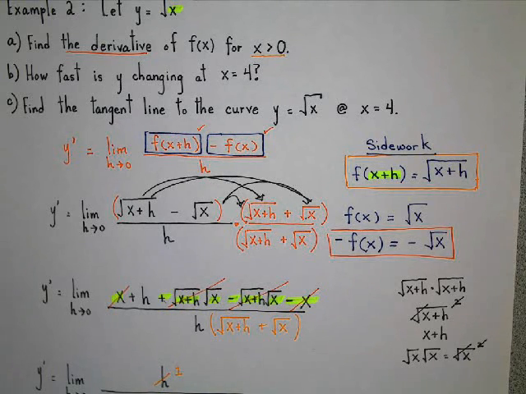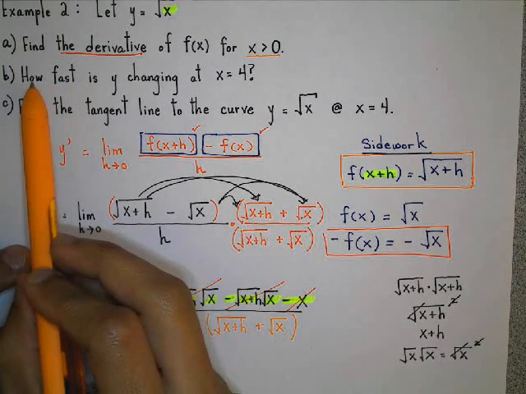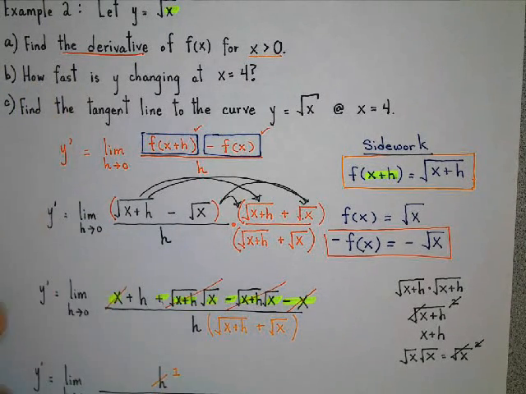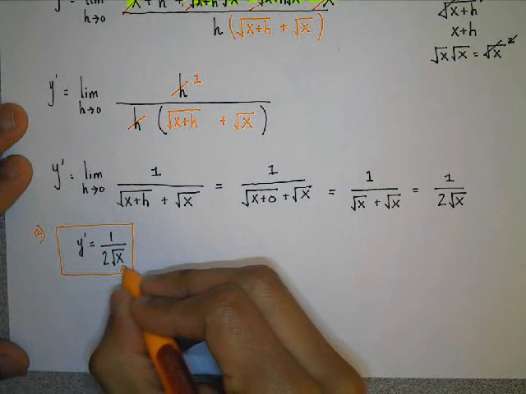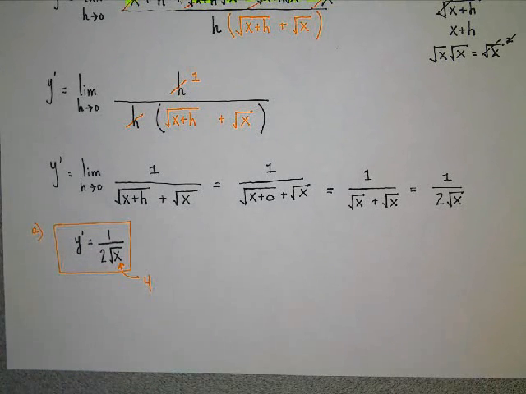Like, how is it changing at a specific moment in time? And so when I ask you a question like how fast is y changing at x equals 4, all we have to do is go to our derivative function, and now we can simply plug in 4, and that'll tell us how fast something is moving at a particular moment in time.